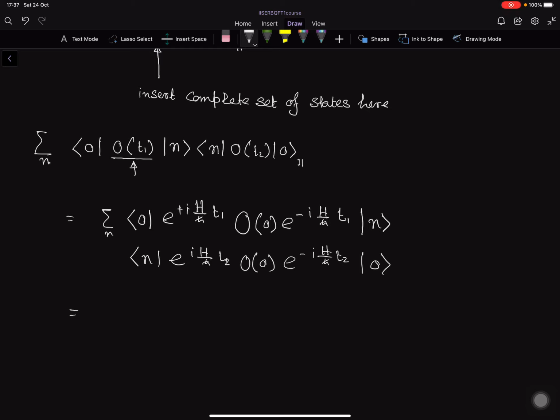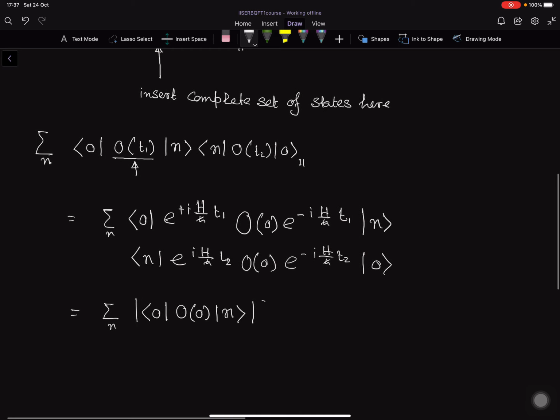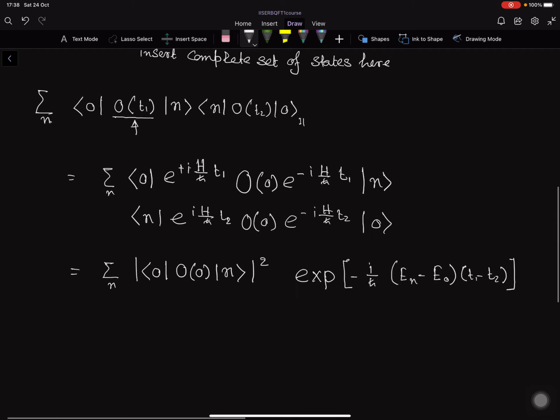It simplifies to the sum over n of |<n|O at time 0|0>| squared times exponential of minus i by h bar (E_n minus E_0) times (t1 minus t2). This is for the Wightman propagator.